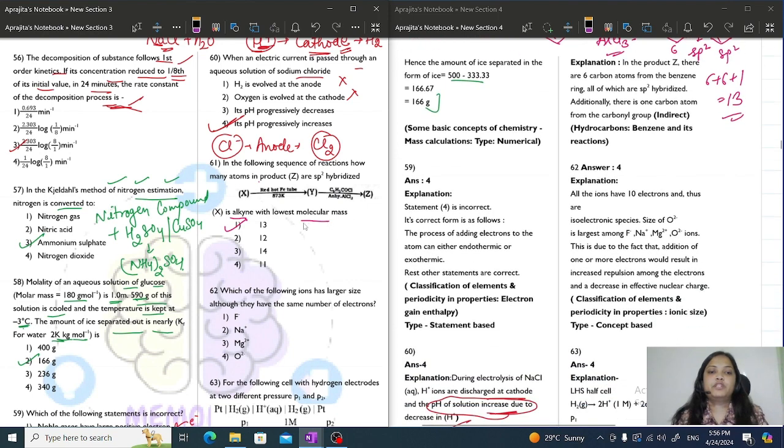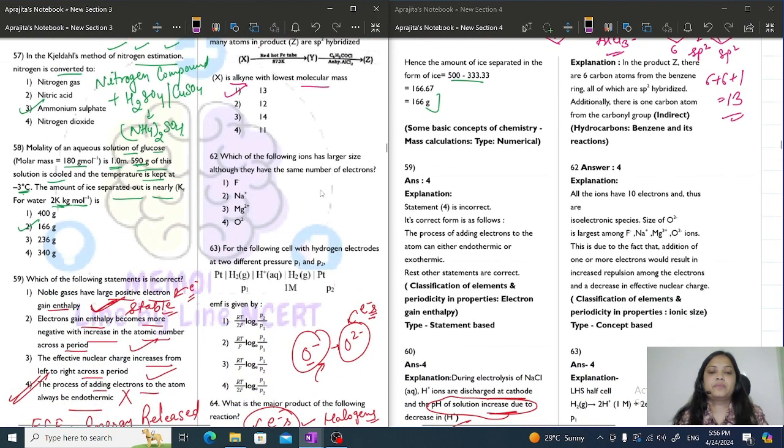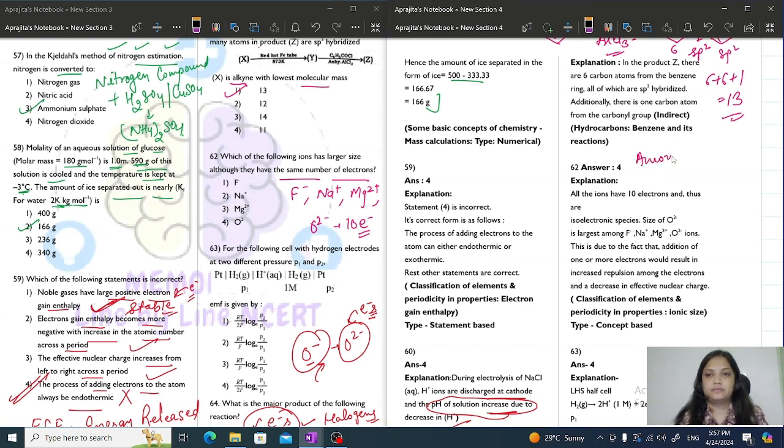Now question number 62. Which of the following ions has a larger size although they have the same number of electrons? So we know that F minus, Na plus, Mg 2 plus all have 10 electrons. They are isoelectronic species. In isoelectronic species, the size of the anions is the greatest, then the neutral atom, and then the cation.